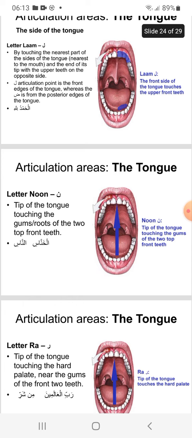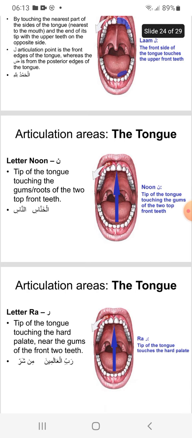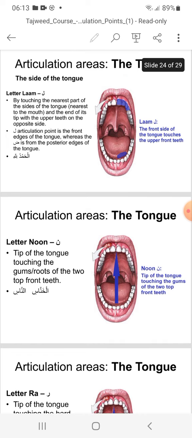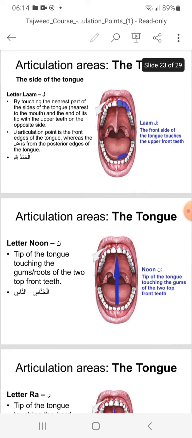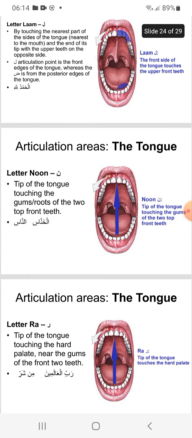You have to do this. If the sound is not directed towards the nose, the noon sound will not be complete, so it will not become a clear noon, and this is the problem. Now, if the student wants a clear noon with no ghunna, like in the case of izhar, here we can't say there is no ghunna at all, but a very, very short ghunna. In that case, you have to rely very strongly on the tongue, not on the nose.